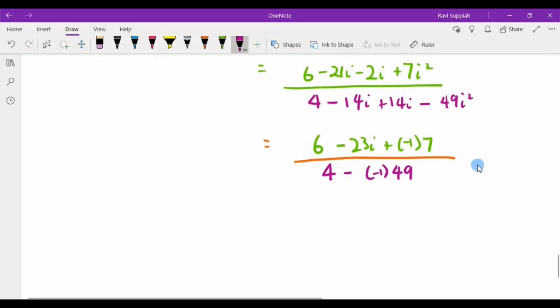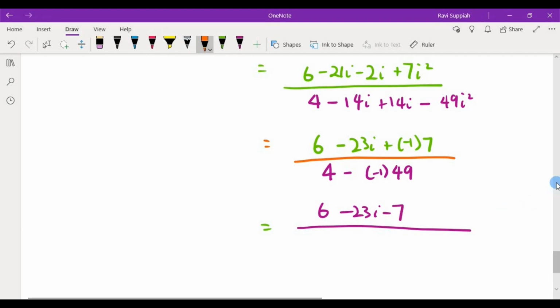So at the top we have 6 minus 23i minus 7. At the denominator, we have 4 plus 49.